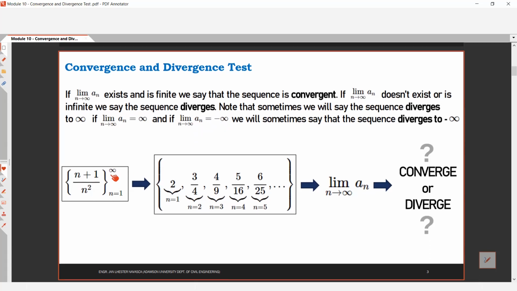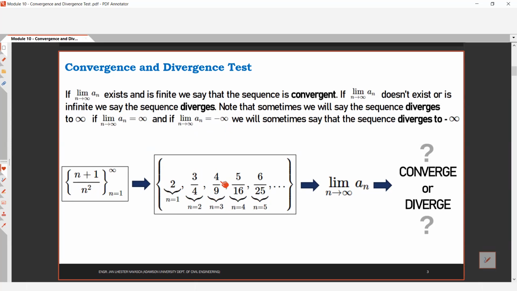For example, you have a series of (n plus 1) over n squared, whereas your n is from 1 to infinity. Writing it down from n equals 1: 1 plus 1 equals 2 over 1 squared, therefore that is 2. Next one is 2 plus 1, which is 3, 2 squared is 4, so 3/4.